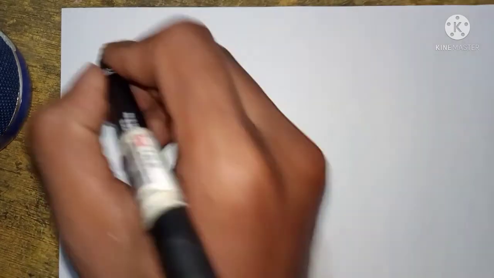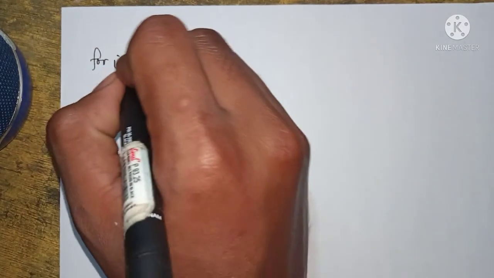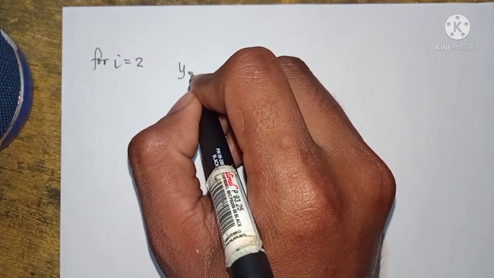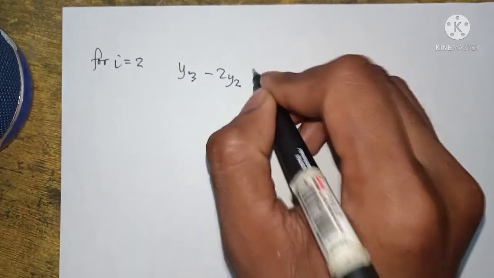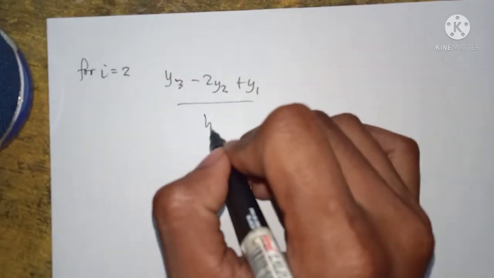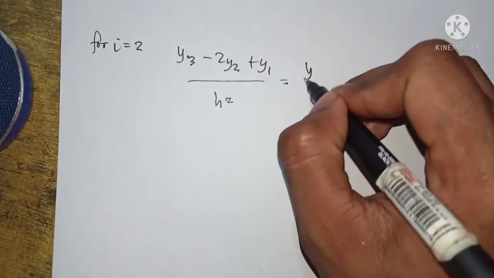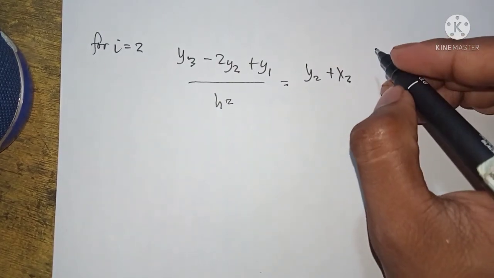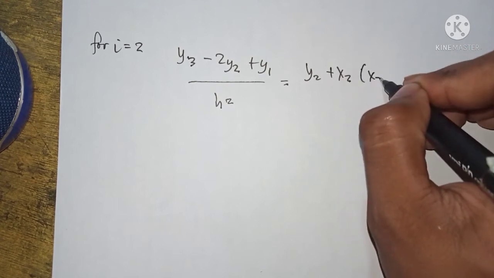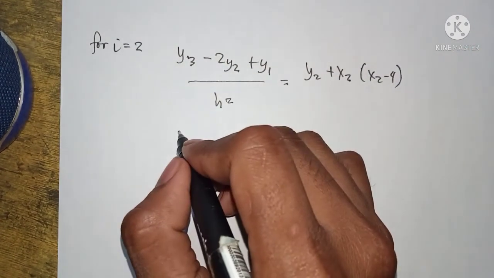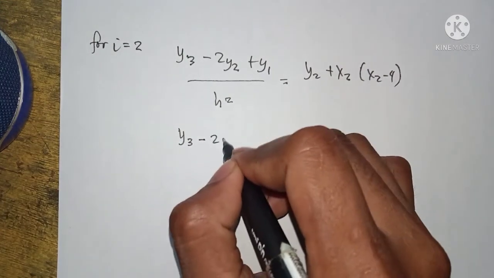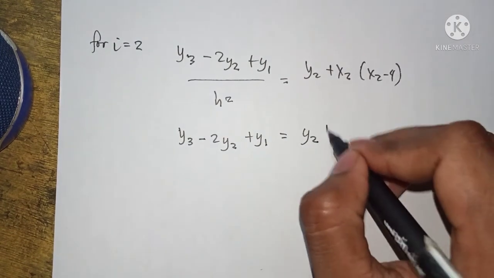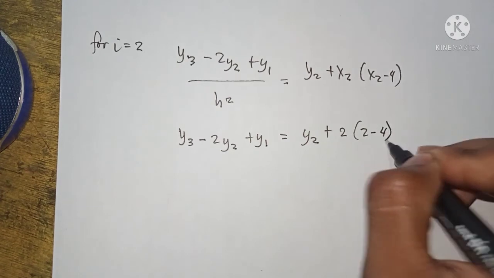For i equal to 2: y3 minus 2 y2 plus y1 over h squared is equal to y2 plus x2 times x2 minus 4. Substitute the values: y3 minus 2 y2 plus y1 equal to y2 plus 2 times 2 minus 4.